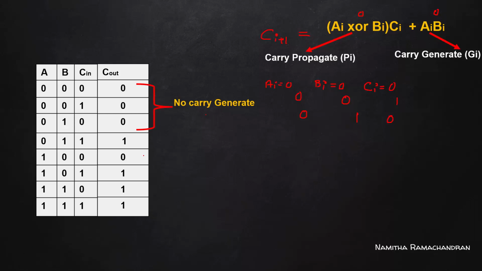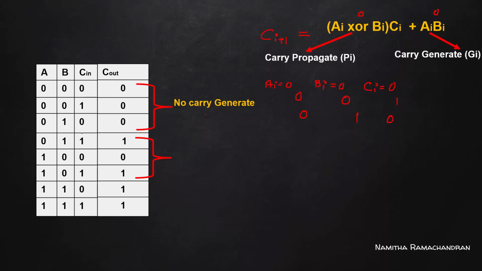No carry is generated. So these three combinations indicate no carry generation. Next are our next three combinations of inputs. What is the property of these three input combinations? Here Cin is 1, Cout is 1. Cin is 0, Cout is 0. Cin is 1, Cout is 1.